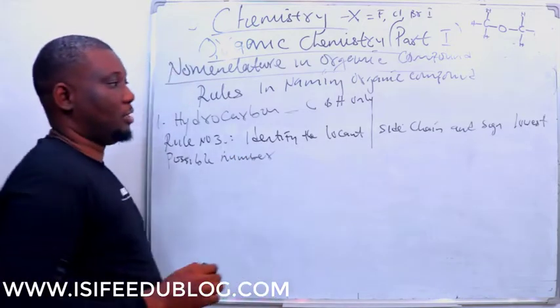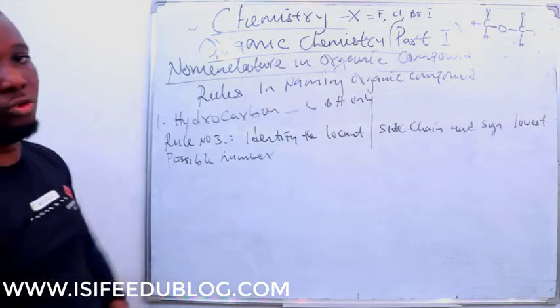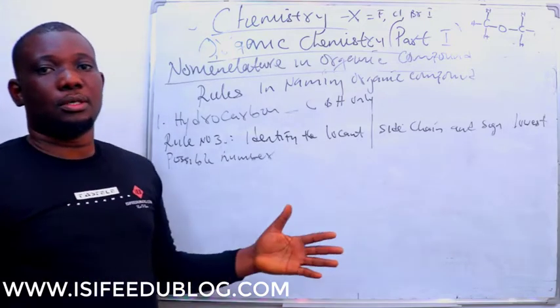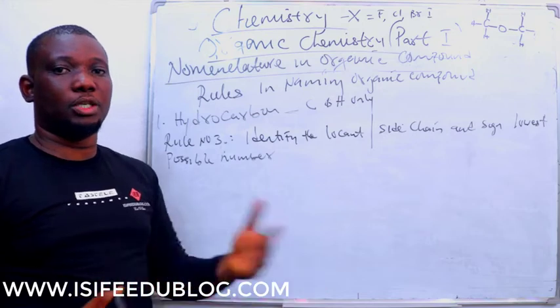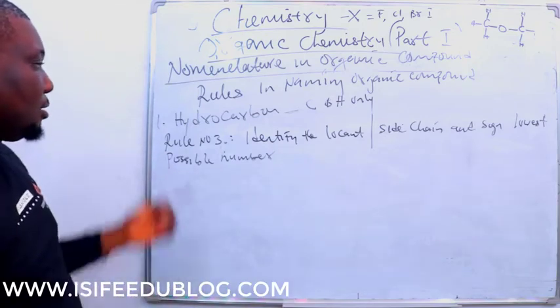To do that, you ought to number the carbons in the long chain from both sides, to see which side gives the lower number. That is rule number 3.